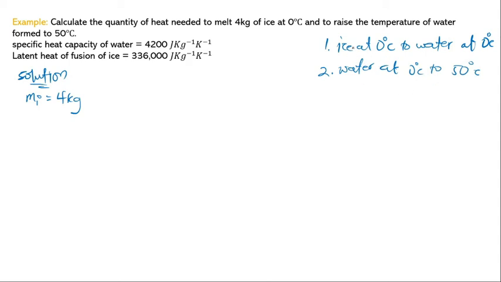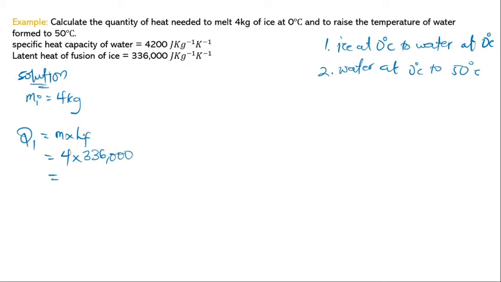So let's look at the heat energy involved in the first process. This is latent heat of fusion, that is, we are changing from solid to liquid. So that is the product of the mass by the latent heat of fusion of ice. So the mass of the ice is 4 kilograms multiplied by the latent heat of fusion of ice, which is 336,000 joules per kilogram per Kelvin.